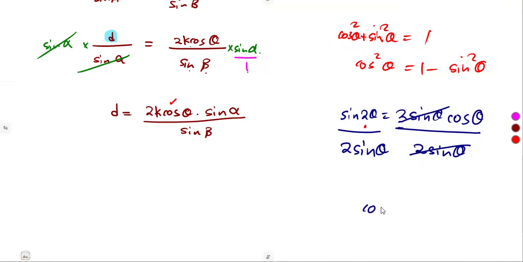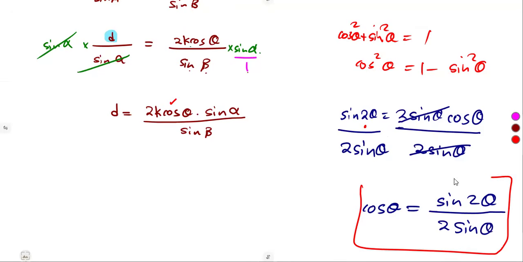So we can say the cos of theta is equal to the sine of 2 theta over 2 sine theta. Mathematically, this statement is true. So let's replace it in place of cos. D is equal to 2k times the cos of theta, which is the same as sine 2 theta over 2 sine theta. So you write sine 2 theta on top, times the sine of alpha.